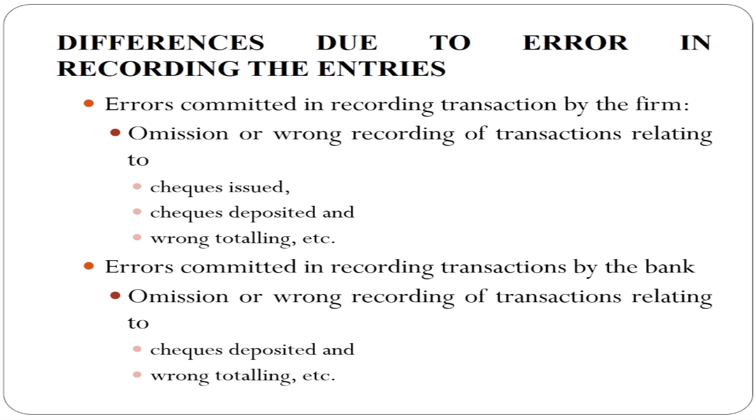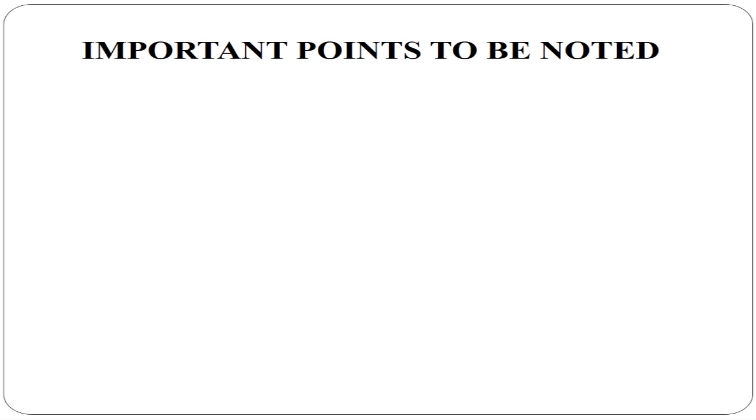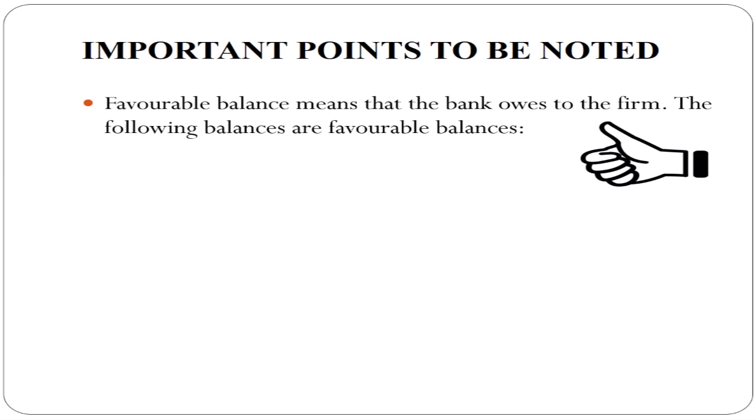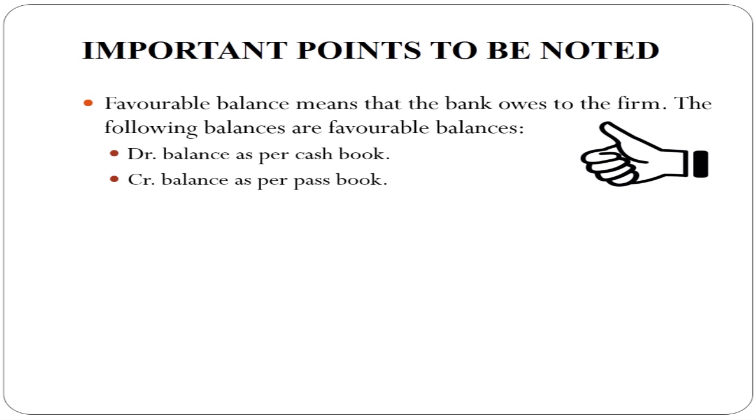Now, we will discuss some important points which are to be noted while making BRS. Favorable balance means that the bank owes to the firm. It is also known as bank balance. The following balances are favorable balances. First one, debit balance as per cash book and credit balance as per passbook.